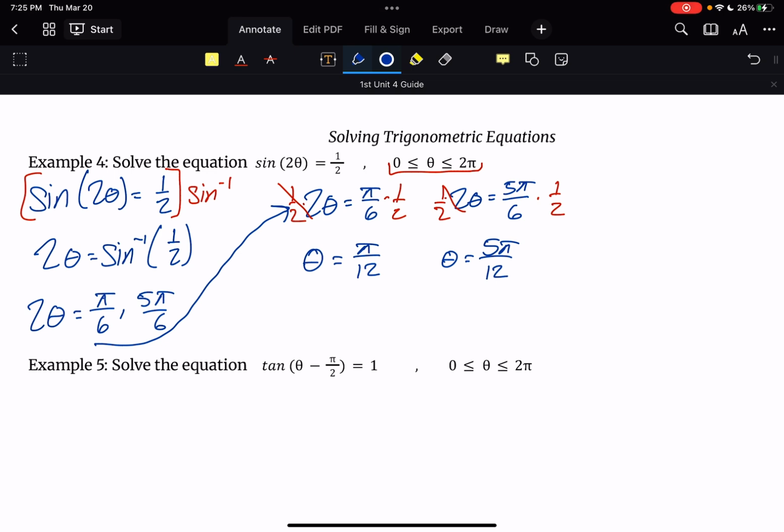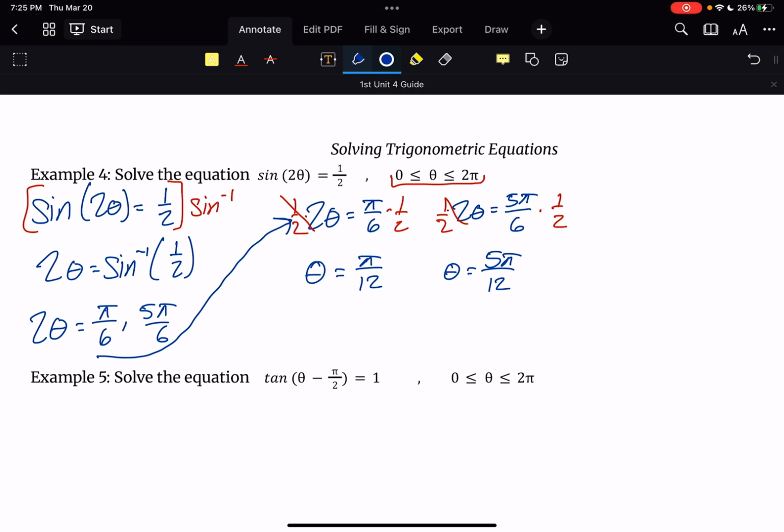But now we have a period change. So if we take a look at our b value, I have a b of 2, and we know that the period for sine is 2 pi over b. So if I do 2 pi divided by 2, that's going to give me a period of pi. And since I have these two solutions that are both in quadrant 1, and they're going to repeat every pi, I do have two more solutions to this trig equation.